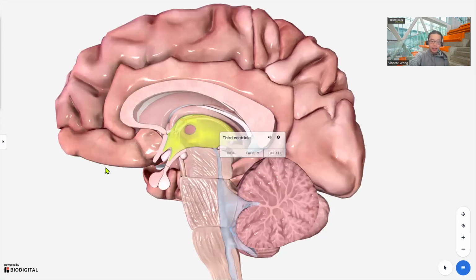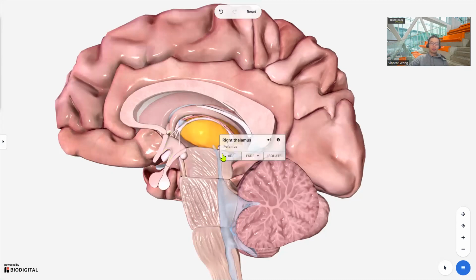And if I delete the third ventricle here, you can see the side wall of the third ventricle is made up of the thalamus. Okay, so if you imagine the room you're sitting in right now, that whole room is the third ventricle. So you're sitting in the third ventricle.